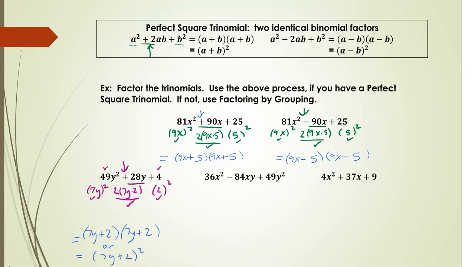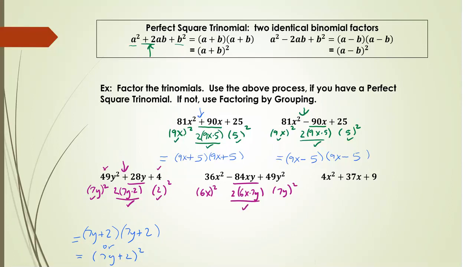I see I have a trinomial that appears to have squares on the outside terms. So I'm going to say, okay, this is the square of 6x. This is the square of 7y. And now I'm going to check the center. 6x times 7y, and then remember, you double it. So I'm looking here and here. I notice 42xy times 2 is 84xy.